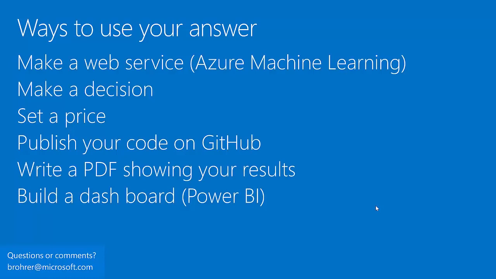You can take and publish your code on GitHub or in the Azure Machine Learning Gallery. You can write a PDF showing your results and share it around. Or you can build a dashboard, say with Power BI, to show your results to potential customers or to an employer. There's lots of ways to use it, but you have to do something with it. A model or an analysis all on its own doesn't have any life.